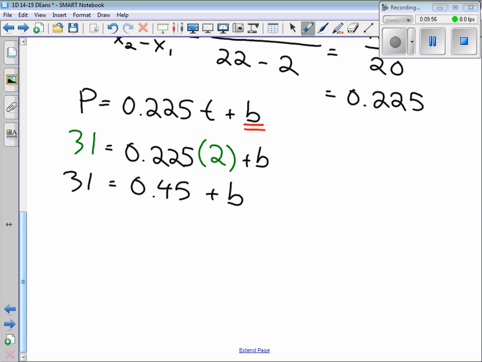And then to get my value for b, I'm going to subtract that 0.45 from both sides. Minus 0.45, minus 0.45, and I'm going to end up with b equals 31 minus 0.45, which is 30.55.